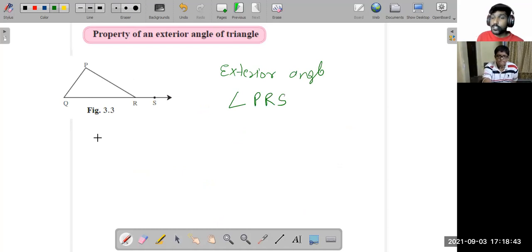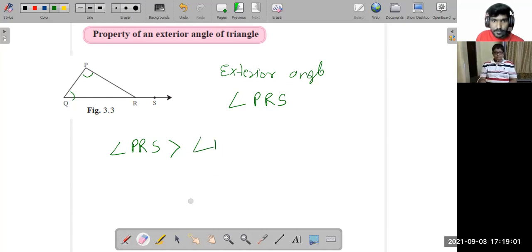This property says that the exterior angle PRS is greater than both the remote interior angles, angle P and angle Q. The exterior angle will be greater than angle P, and the exterior angle PRS will also be greater than angle Q. Is this property clear?